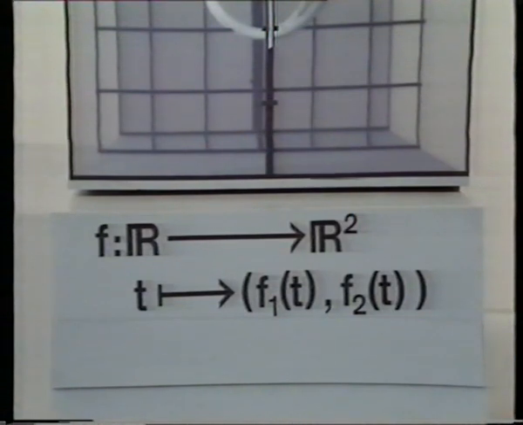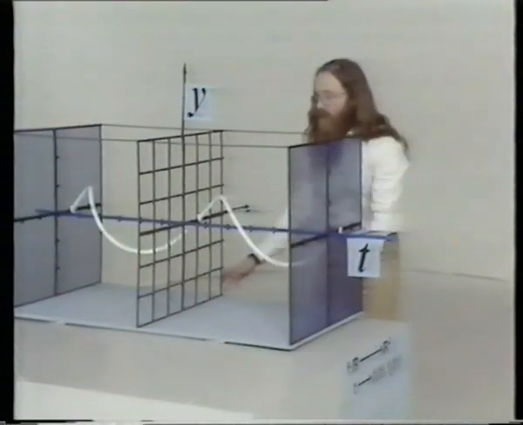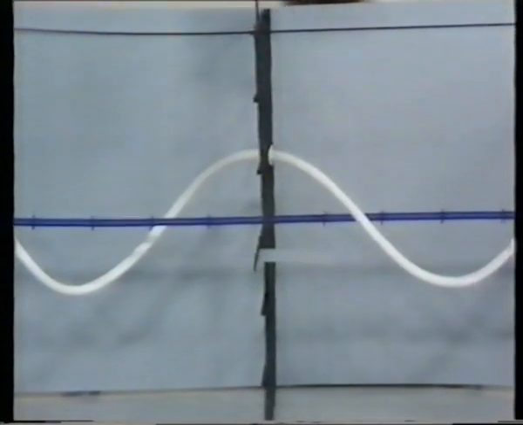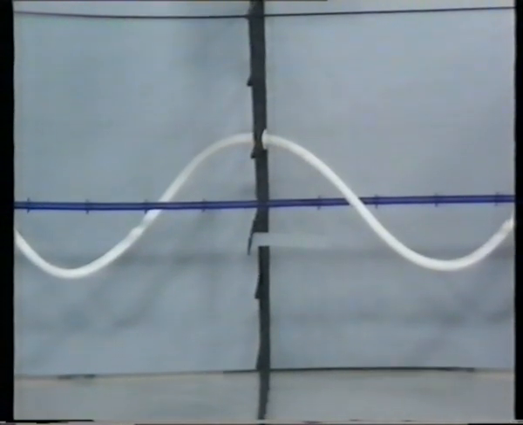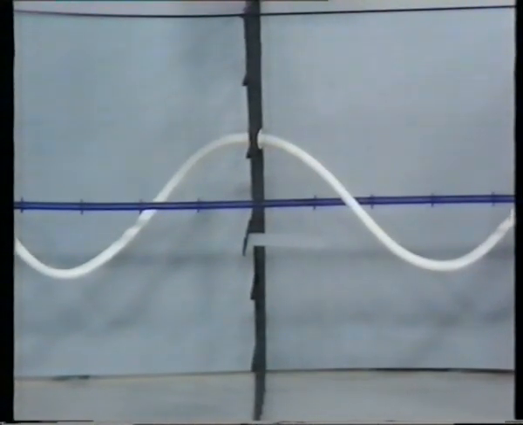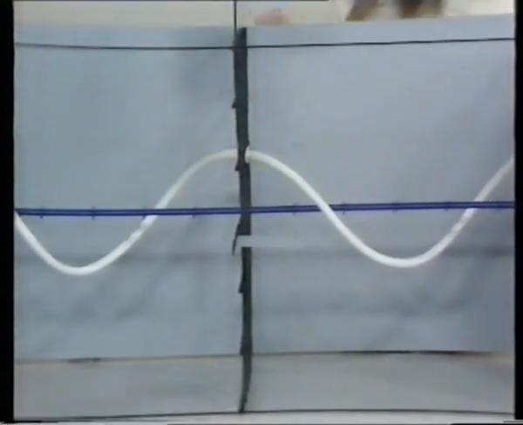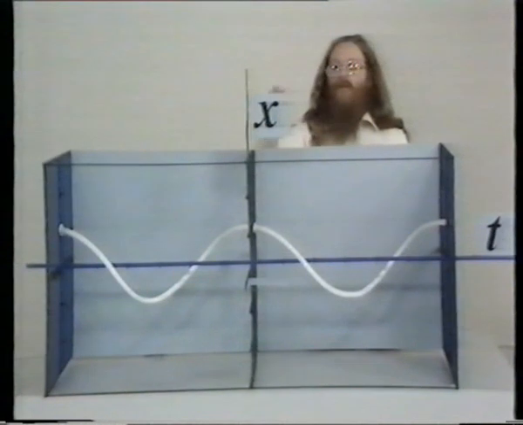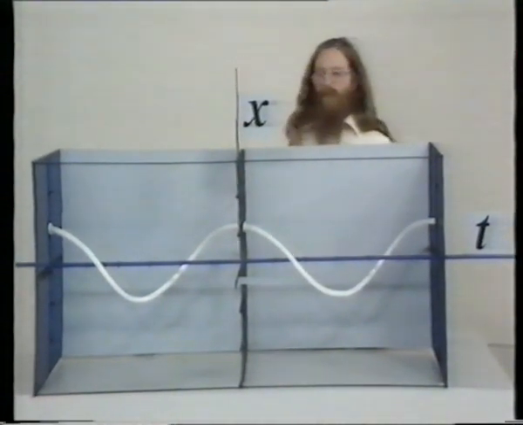Well, let's look at their graphs. We know that to see the graph of f1, we have to look straight down the tx plane, like this. And we get a curve that looks something like a cosine or a sine curve. But notice that when t equals 0, the height is 1, so it looks more like a cosine curve.